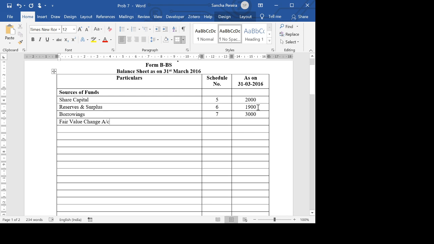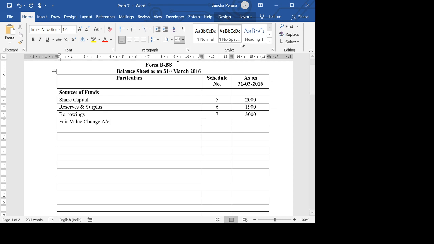These three amounts I'm talking about. Debit or credit? Quick, quick, quick. It's a very simple question. This is the basics of the balance sheet.